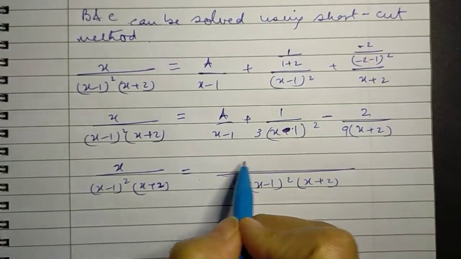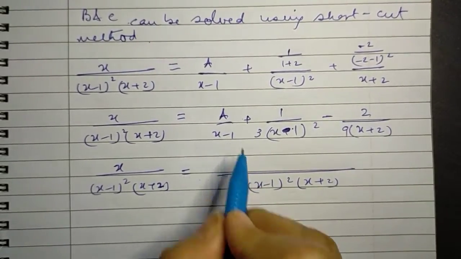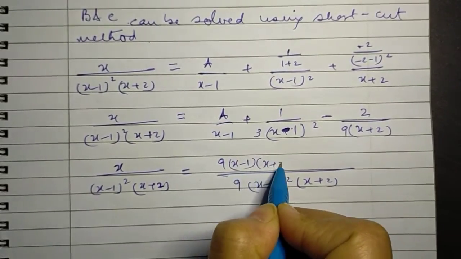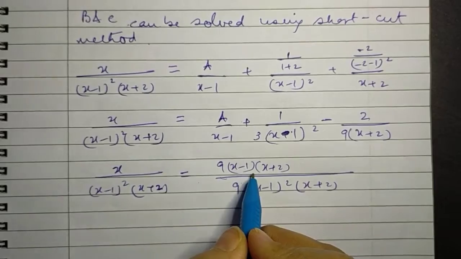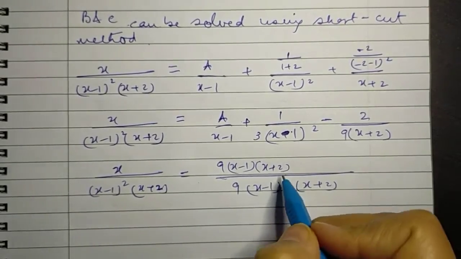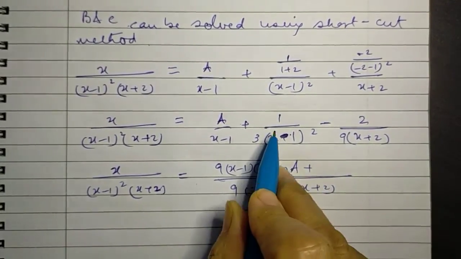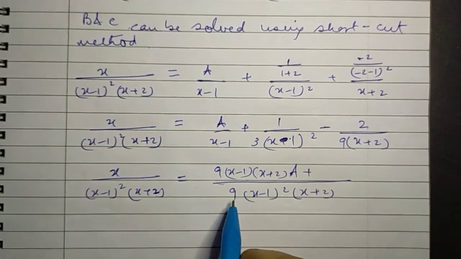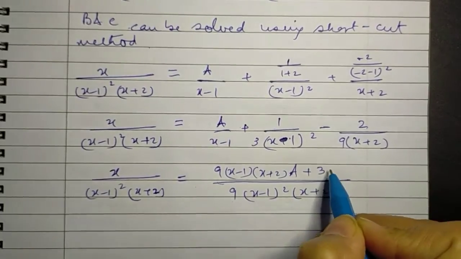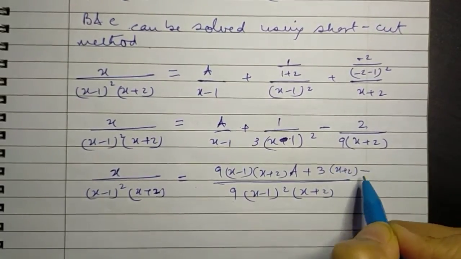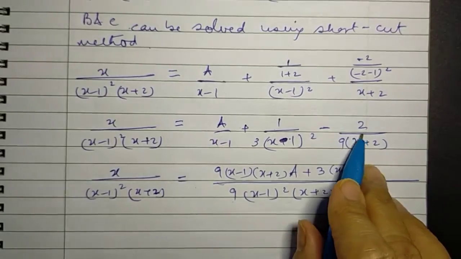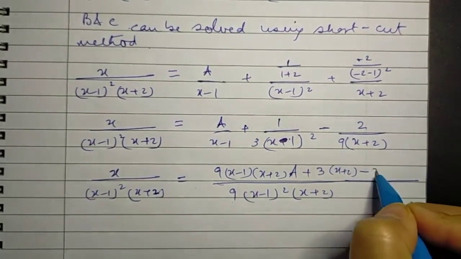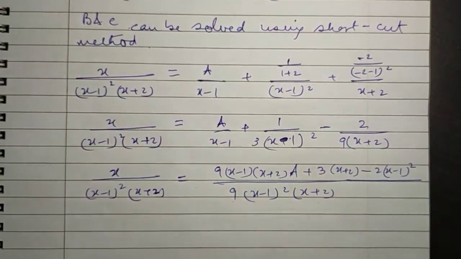Now here, x minus 1 is already there, so we are left with 9 times x minus 1 into x plus 2 into a, plus with this 1 we already have 3 x minus 1 square, so what is left is 3 times x plus 2, minus, with this 2, 9 and x plus 2 is already there, so we are left with only x minus 1 square.